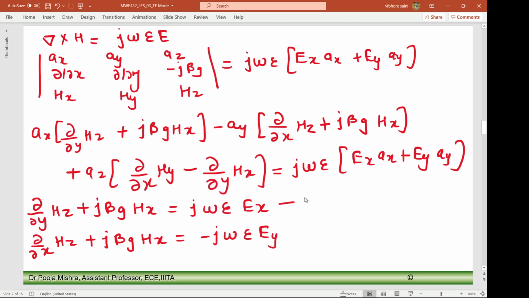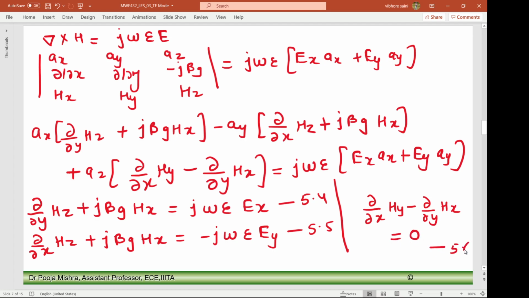These are equations 5.4, 5.5, and the next equation will be del x Hy minus del y Hx is equal to 0, equation 5.6.